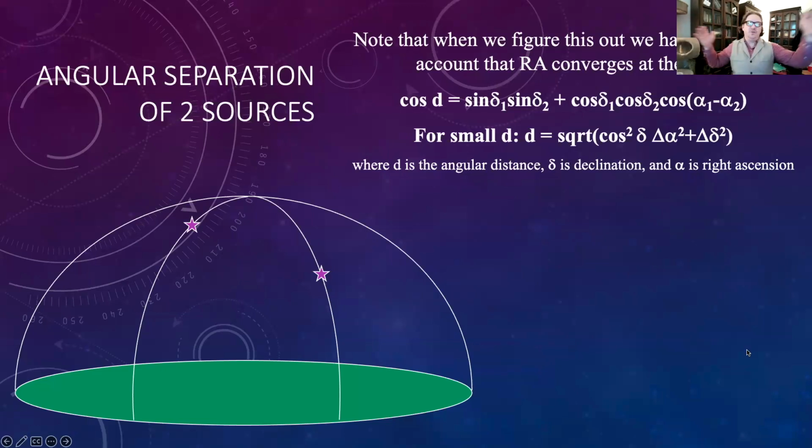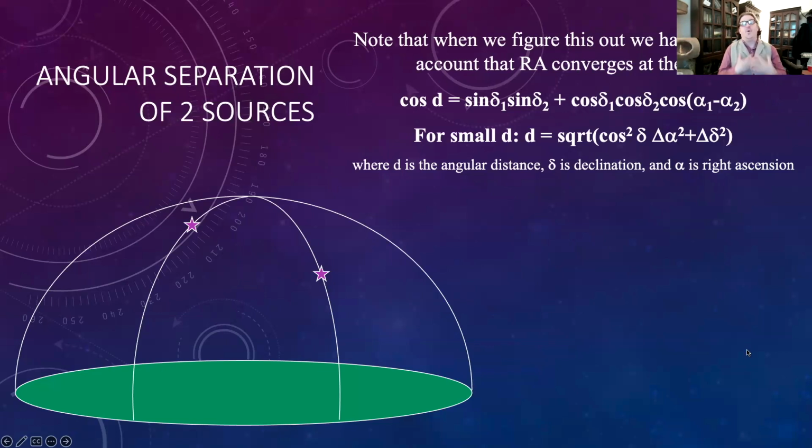So if you have two objects that are well separated on the celestial sphere, then that first equation is a must. But very much like we had the small angle approximation in planar trigonometry, you also have a small angle approximation in spherical trig.